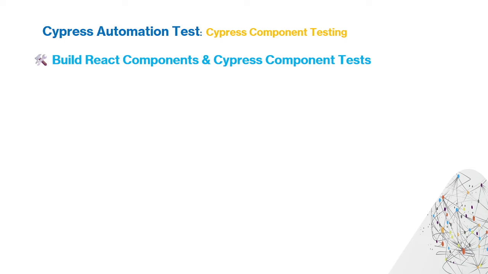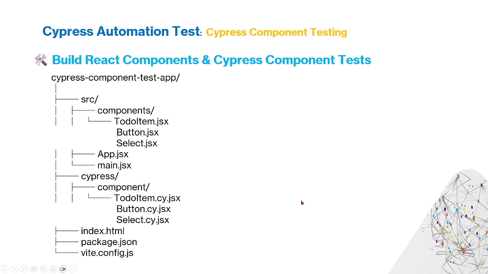Build React components and Cypress component tests. Here is the application for the Cypress component test. In the source code components folder, we have the components to-do item, button, and select.